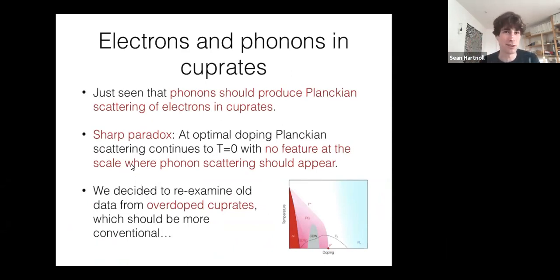And there's a real paradox then, which I don't know the answer to, which is that this scattering of phonons, I'll draw again what I drew at the beginning, should only kick in above the Debye temperature. If we only knew about this range of cuprates, maybe it is phonons. Mean free paths are a bit small, but maybe it's phonons. But the problem is that it just carries on all the way down to zero temperature without a kink.